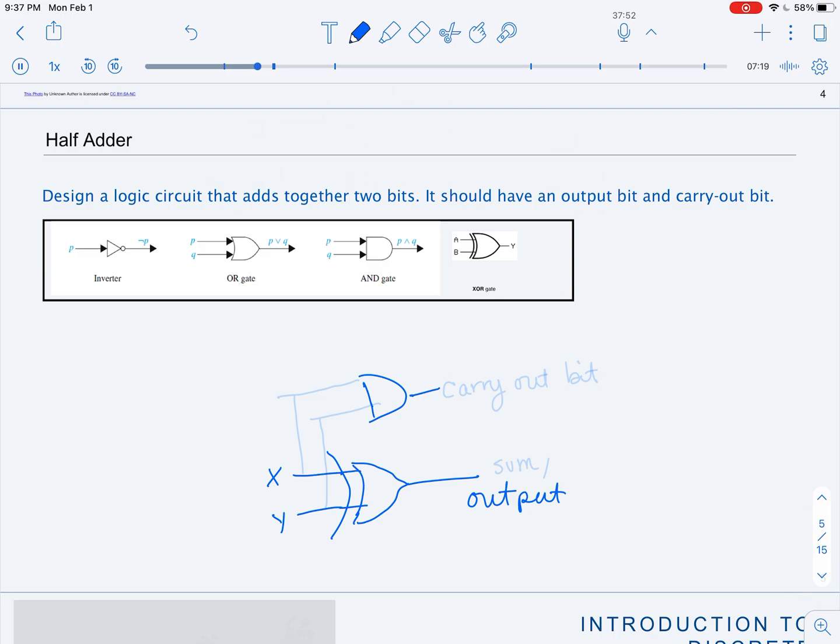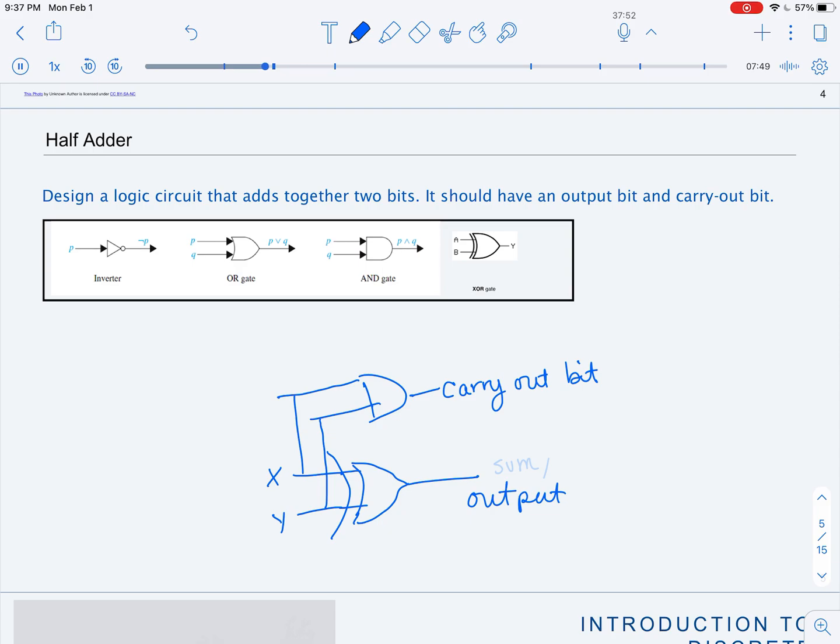So now I can draw that. And that will be our carry out bit. And now we can verify what happens with this. If both of our bits are 0, our output will be 0, and our carry out bit will be 0.